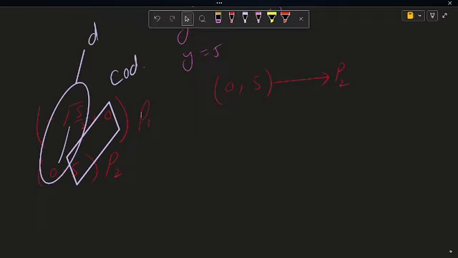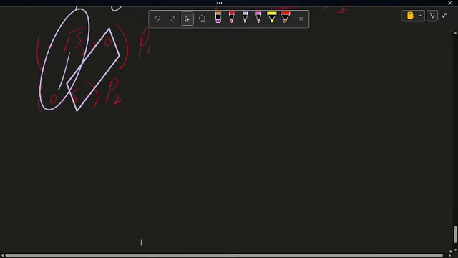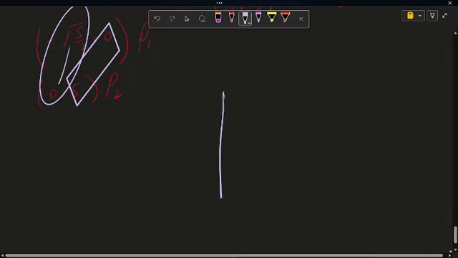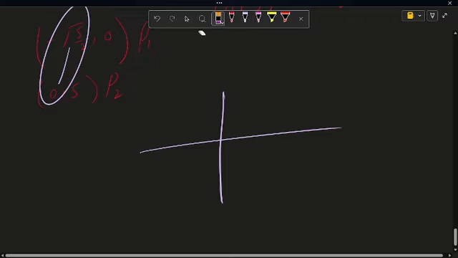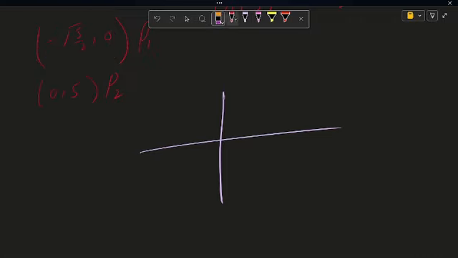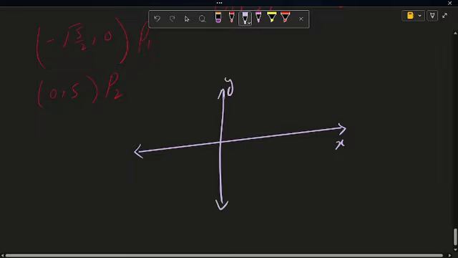I have to plot these over the graph. So this is my y-axis, this is my x-axis. If I have minus square root of 5 by 2 as the value of x, my y value will be 0. You know that on the x-axis your y value is 0, and on the y-axis your x value is 0.